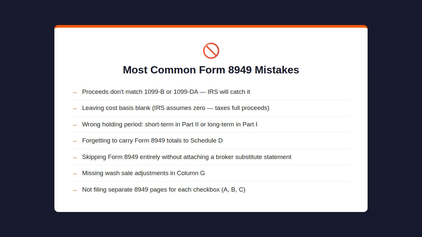This causes the IRS to assume zero basis and tax your full proceeds as a gain. Third is putting short-term gains in Part 2 or vice versa. Holding period errors change your tax rate entirely. Fourth is forgetting to carry totals to Schedule D. And fifth is not filing Form 8949 at all and just entering a summary on Schedule D. That works only if you attach a substitute statement from your broker.